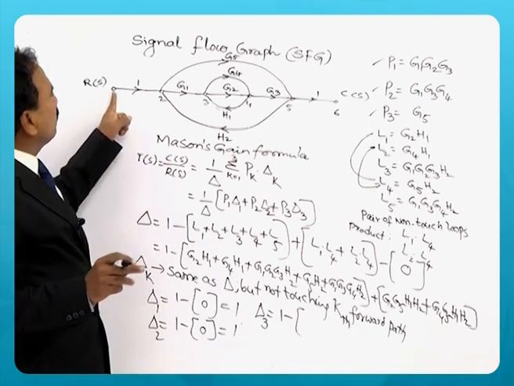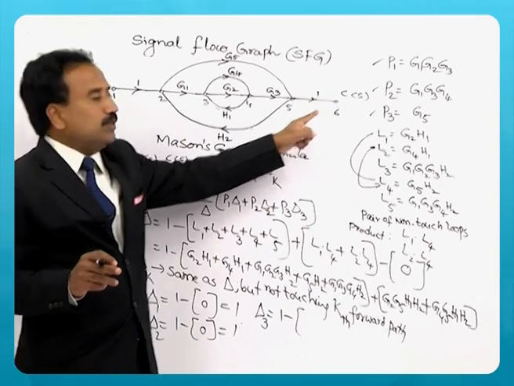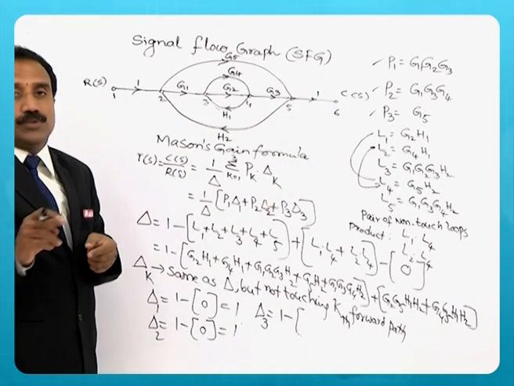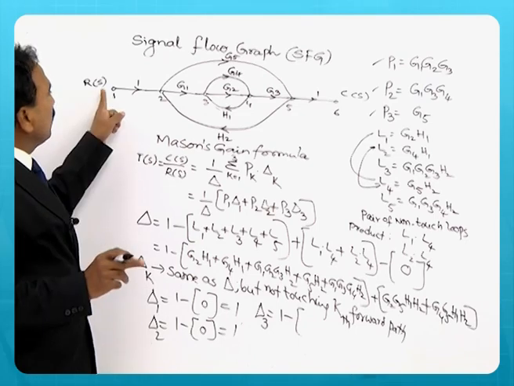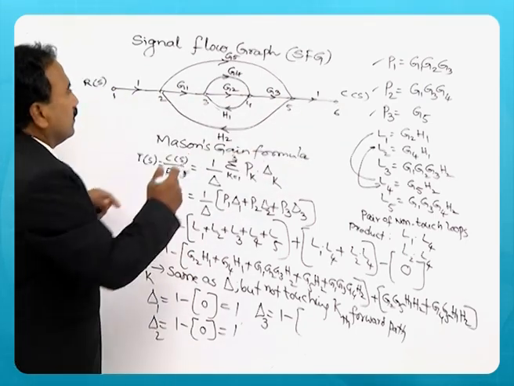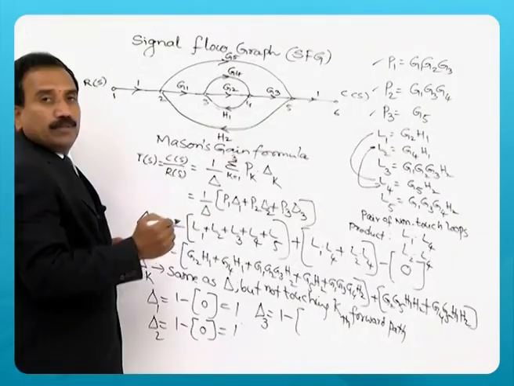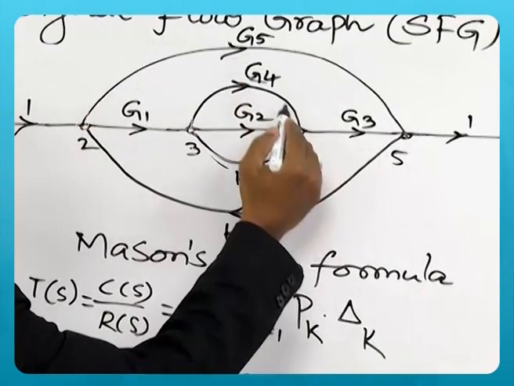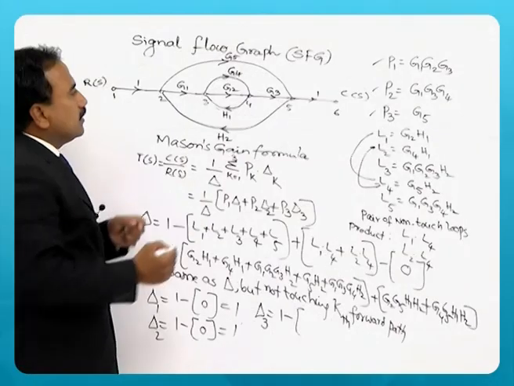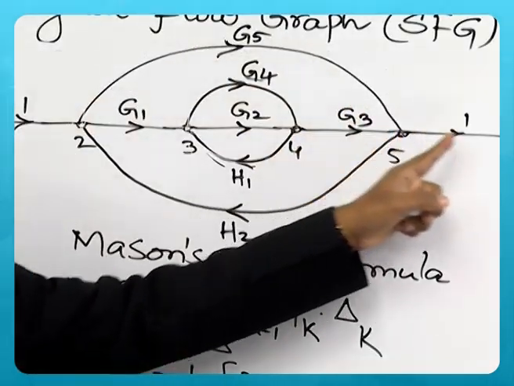What is the third forward path? This way, G5 and then going to output. So, there are loops which are not touching this third forward path. What are they? You can see that G2H1 is one loop and G4H1 is another loop, not touching this forward path.